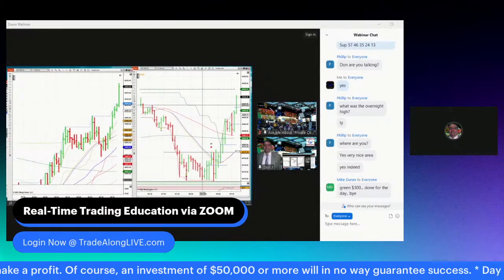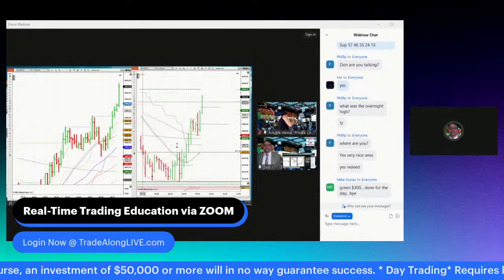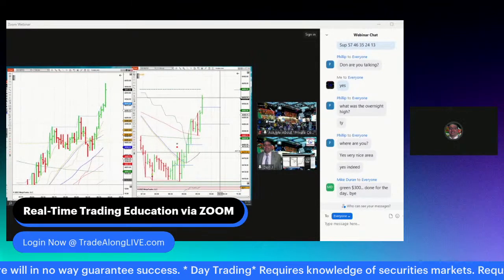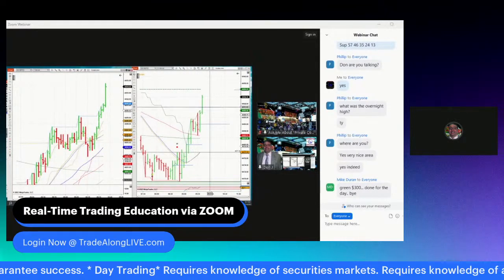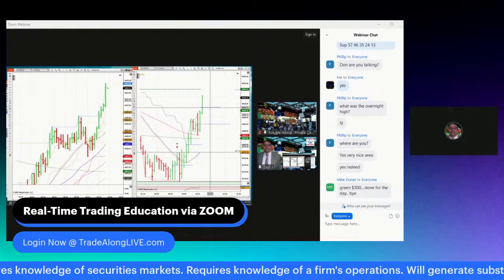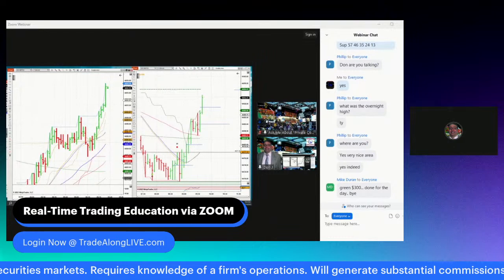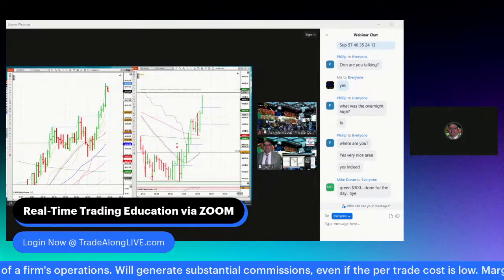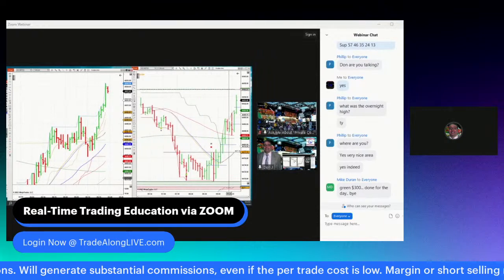Well, looks like it's going to want to blow through that 91 area. Let's see.